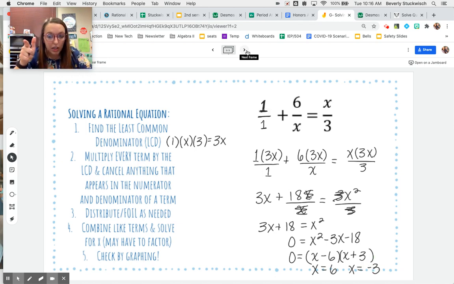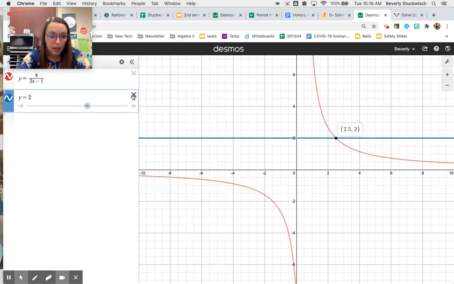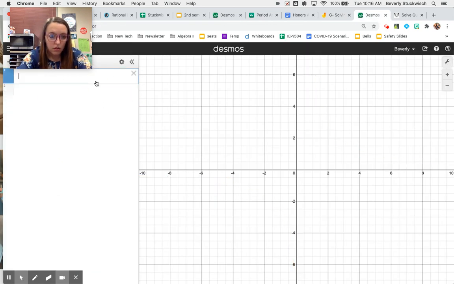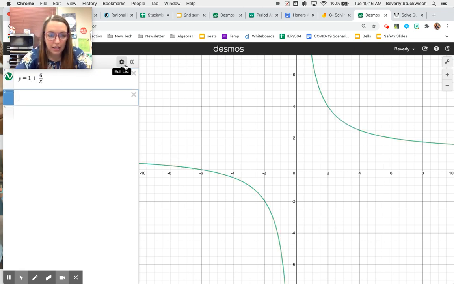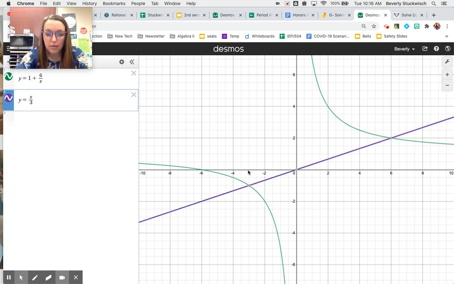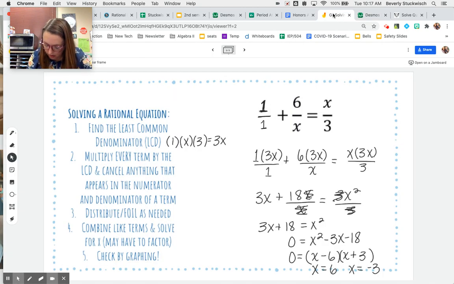Okay? We can plug them in to see if they work, or we can head to the graph to check. So I had 1 plus 6 over x, and I want to know when that's equal to x over 3. I see two solutions, -3 and 6. They are both real solutions.